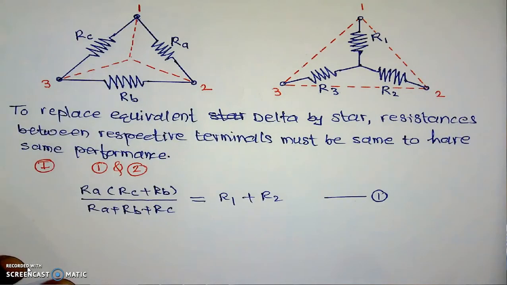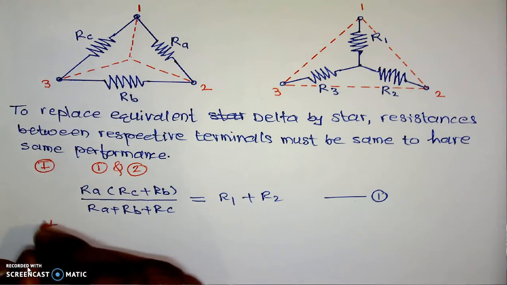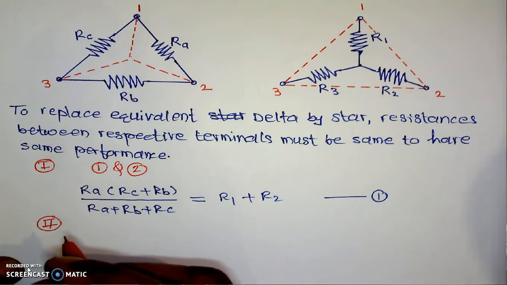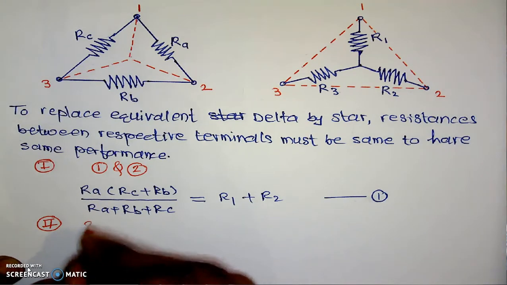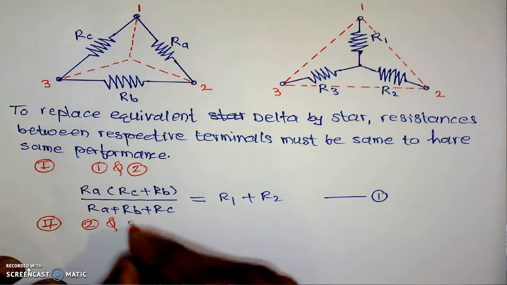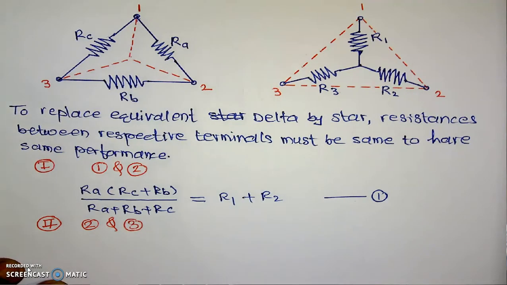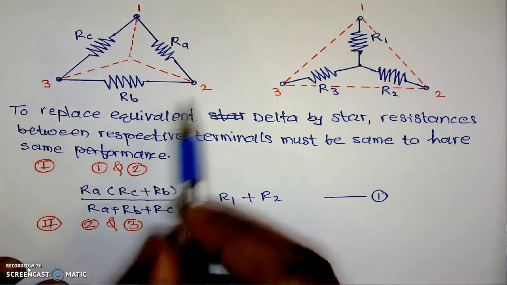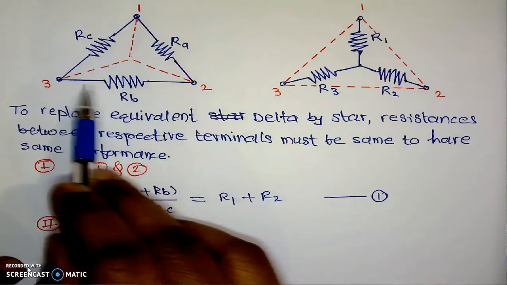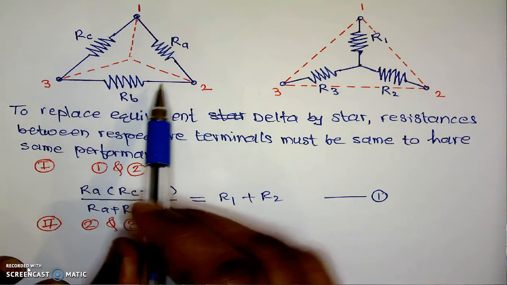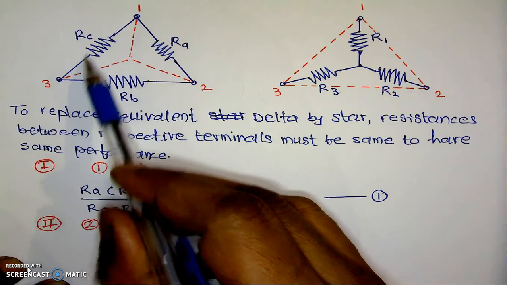Similarly, if we are finding the resistance between terminals 2 and 3 for star and delta respectively, RB is in parallel with the series combination of RC and RA.